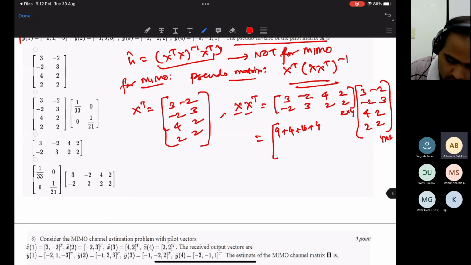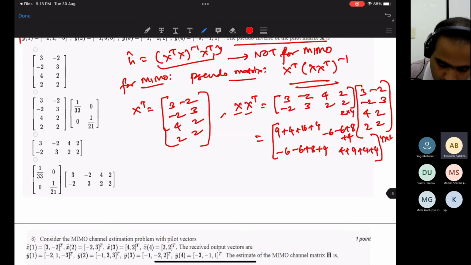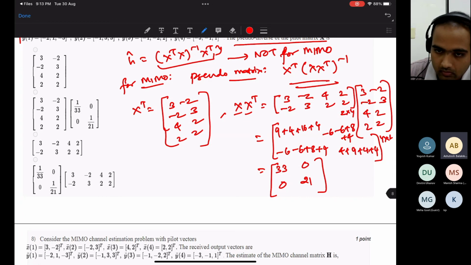Here we have minus 6 minus 6 plus 8 plus 4, which gives 0. This is also 0, and the second row, second column is 4 plus 9 plus 4 plus 4, which is 21.